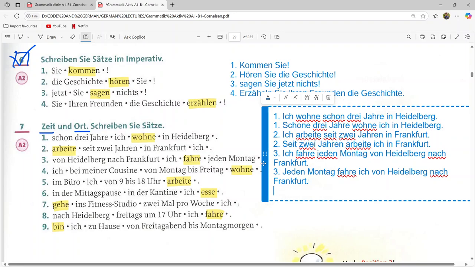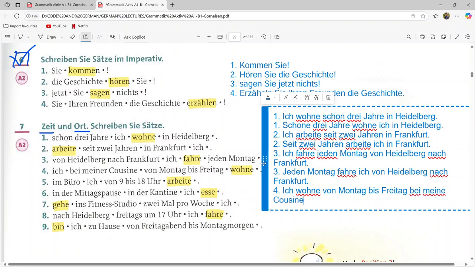Okay, next one, number 4. Ich wohne von Montag bis Freitag bei meiner Cousine.